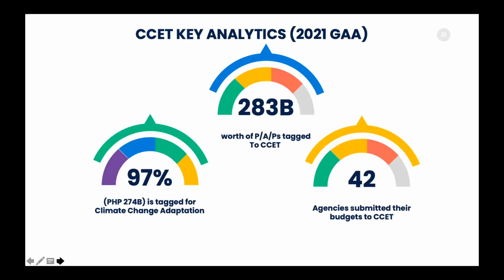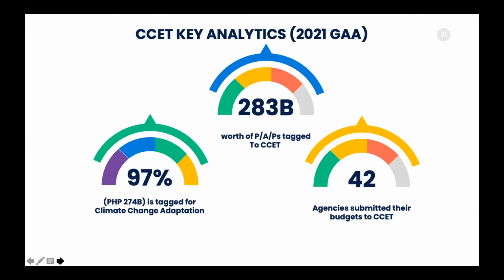Now, just the key analytics po natin, for 2021 GAA, if you recall lang din po yung opening remarks of Pom Noel, in 2020 we have a total of 242 billion pesos po worth of PAPs that are tagged to CCET.